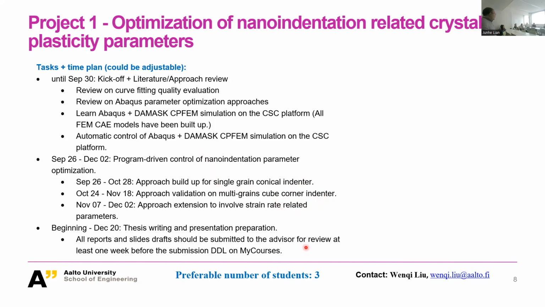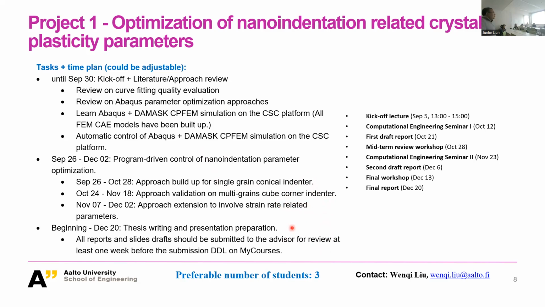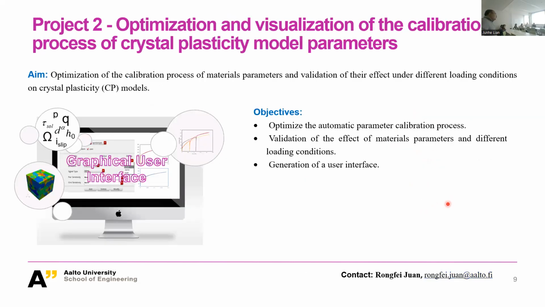And if you are interested in the general methodology or this field, then you can talk to Wenqi and join this group. Then it's about the report writing and workshops and so on. I think this is a repetition of the timeline I showed you at the very beginning for everybody. All right, I think that's all for project 1. Now let's welcome Rufei to introduce the second project.